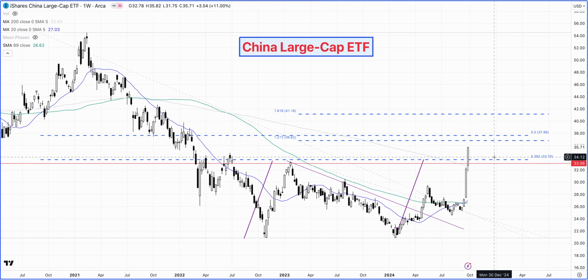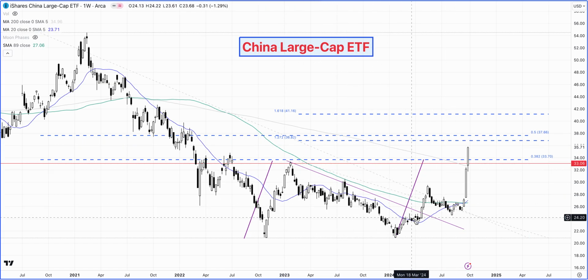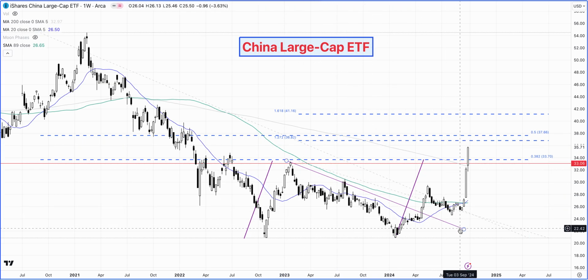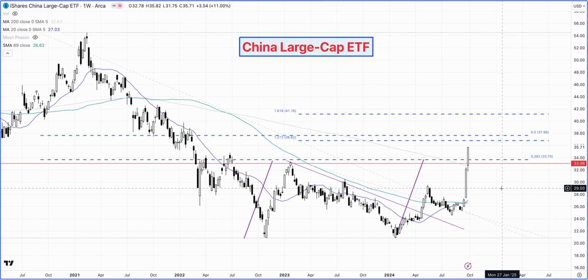And the interesting thing is that it's broken above the 38.2% retracement. Now these past 2 weeks, the moves have been really strong, and the moving averages, because they're lagging indicators, are catching up with it.